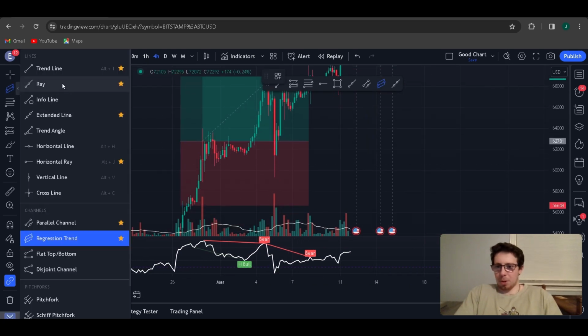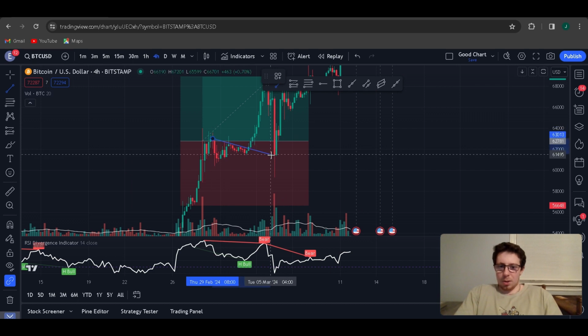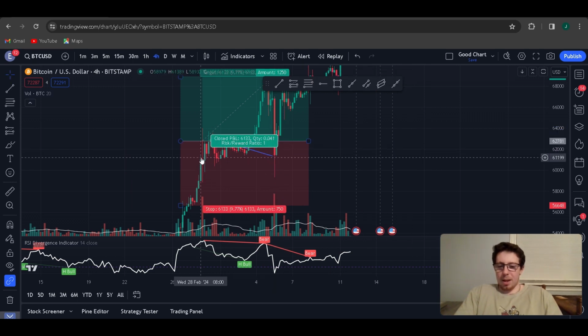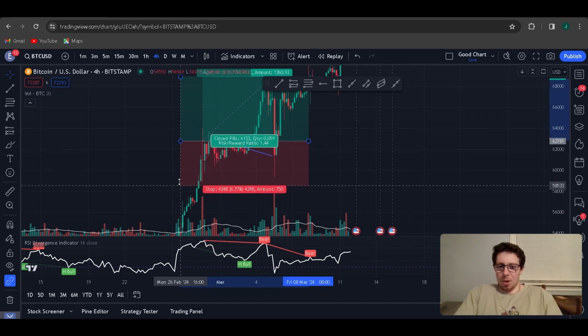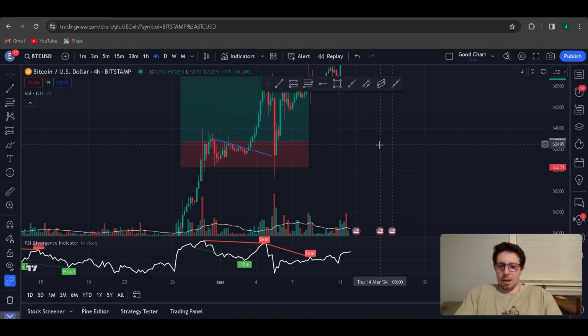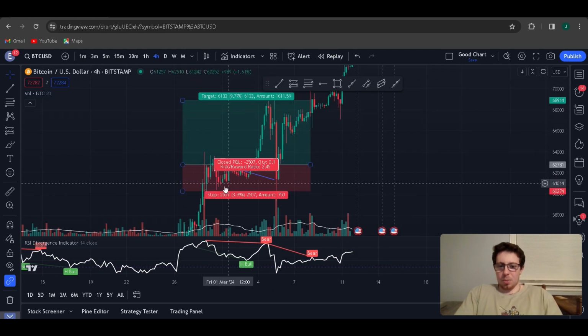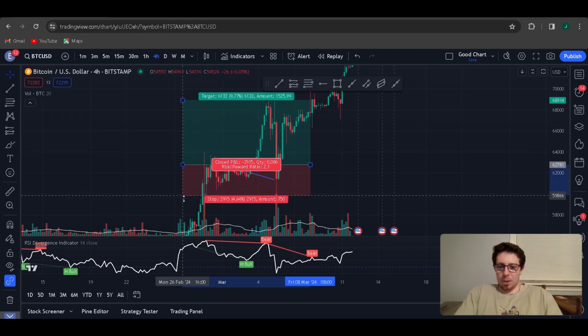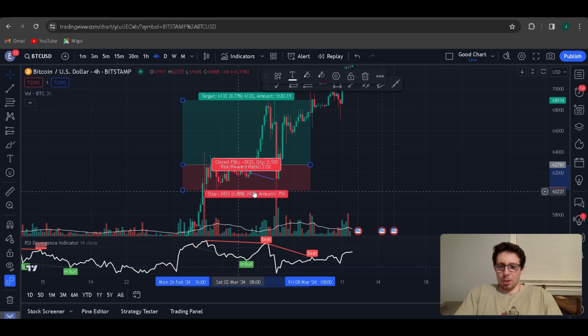Maybe you were looking at the price here. You saw this trend line there, and you saw this previous low. So you might set a trade up like this, where you have your stop loss just below the previous low at about 3.8%.